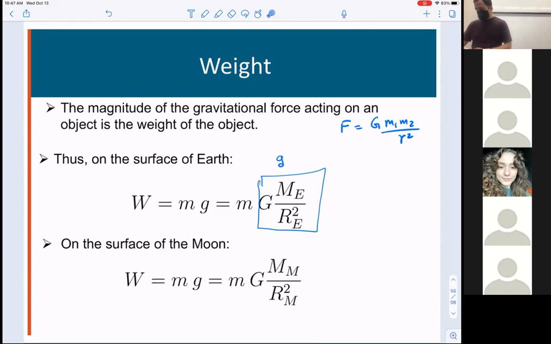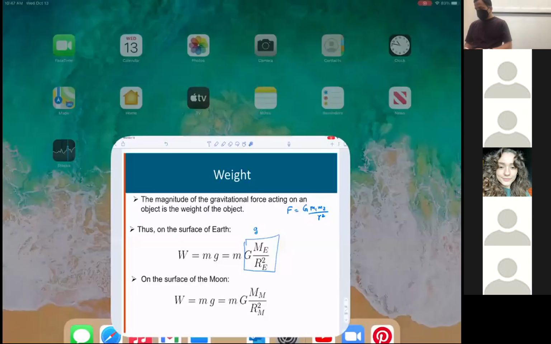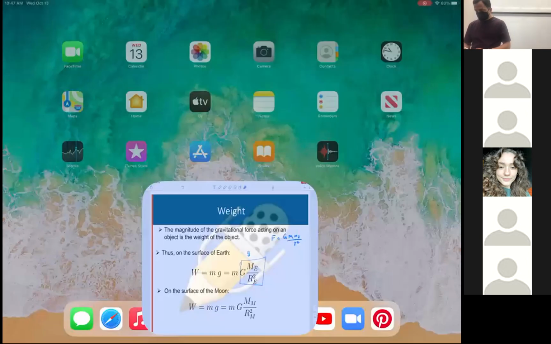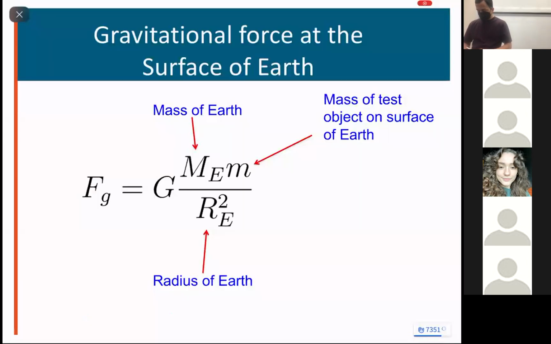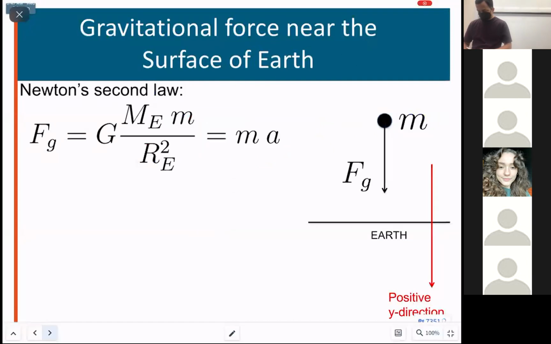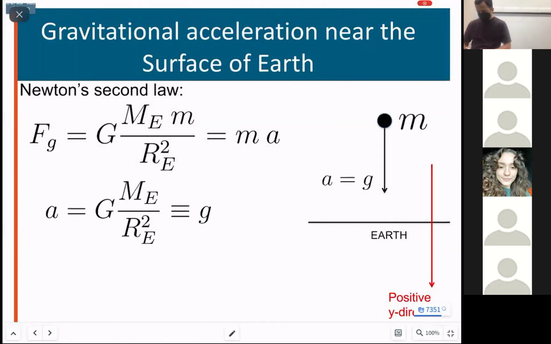Let me do one quick top hat, which is see if you can calculate the weight of a 100 kilogram person on the surface of the Earth. Hopefully I didn't mess up this question too badly.